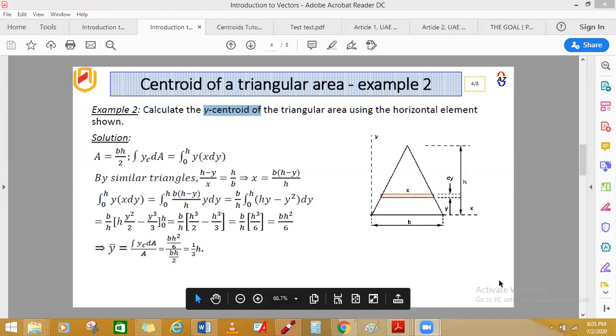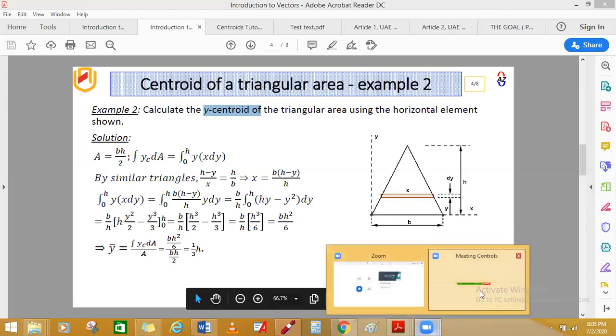Okay, let me stop sharing. Okay, now? It's just saying you're sharing a screen, but it's not showing anything. Okay.